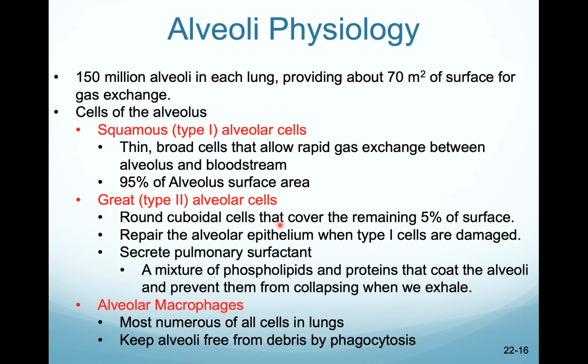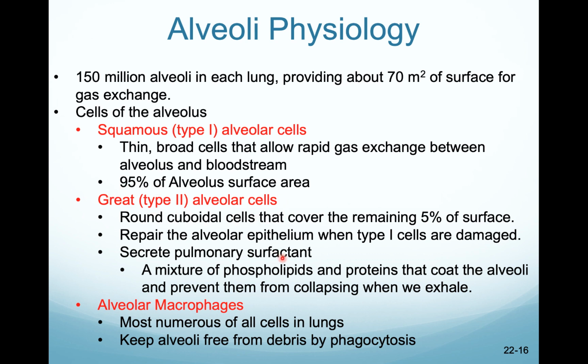These are cuboidal cells and they make up 5% of the surface. Their job is not for diffusion of gases, but to provide aid to the type 1 cells. So if the type 1 cells get damaged, the type 2 cells are able to repair that epithelium. And these cells also have a second really big job in addition to helping the type 1 cells, and that second big job is to secrete surfactant. So these are the cells that actually make the surfactant.